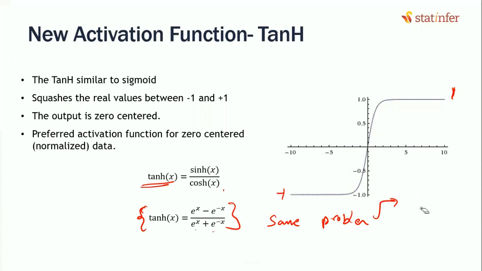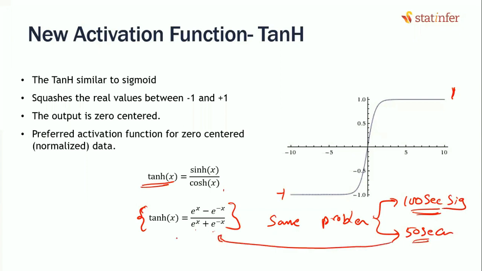However, if a problem statement takes 100 seconds using sigmoid, if you use tan h, it will take maybe 50 seconds only. Or if it takes 100 epochs in sigmoid, it will take 50 epochs in tan h. Why? Because of the function, because of the derivatives internally, somehow mathematically, it is much faster. Tan h is converging much faster.